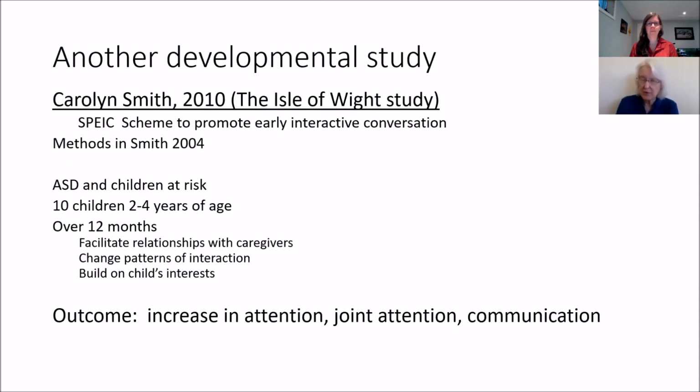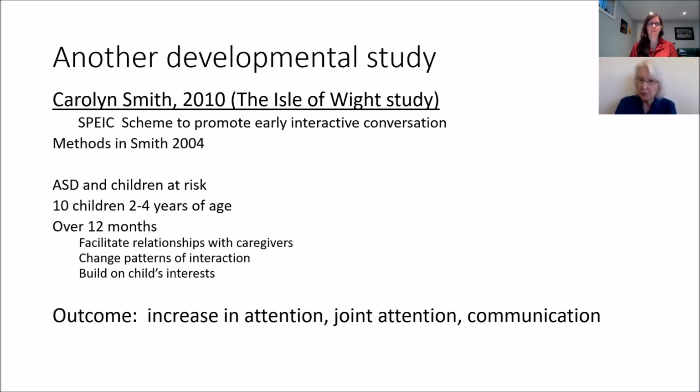Another study which I separated out, and it's not usually included in the reviews, and I think that's because the 10 children that were studied were both children with autism and children at risk for autism. So it doesn't exactly fit, but I think it's a very supportive study.